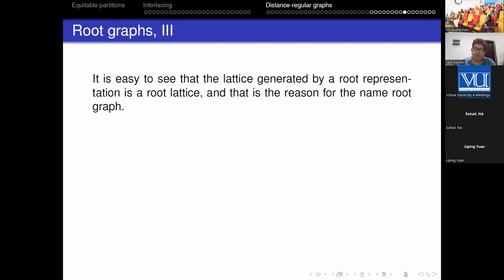This is something generated by a finite number of integral vectors. They have the same name. I'm sorry, that's how it is. But this is the reason for the name root graph.